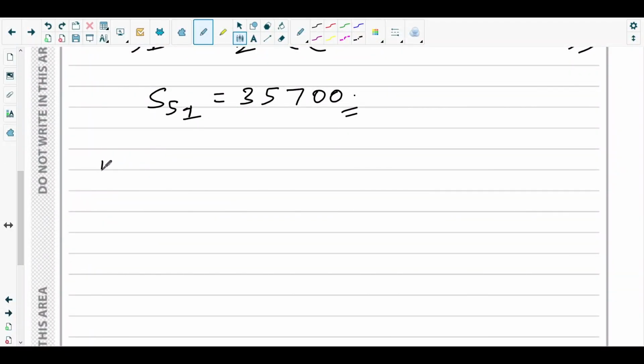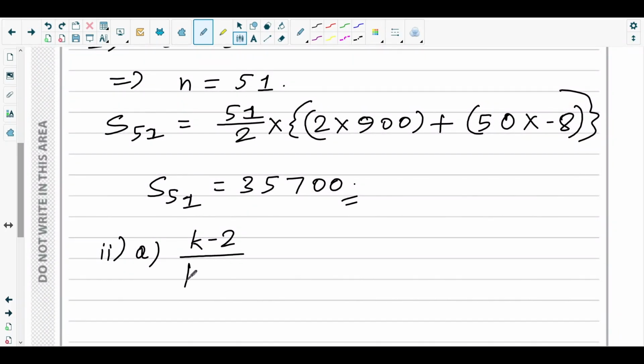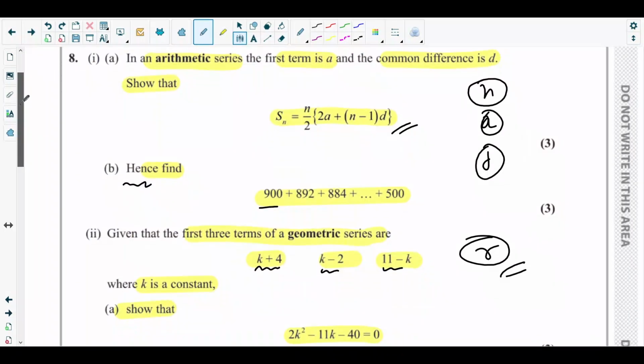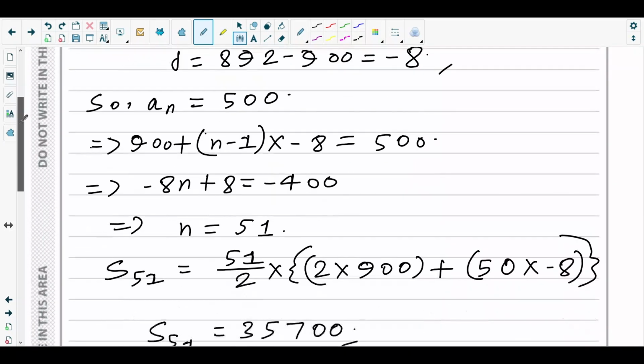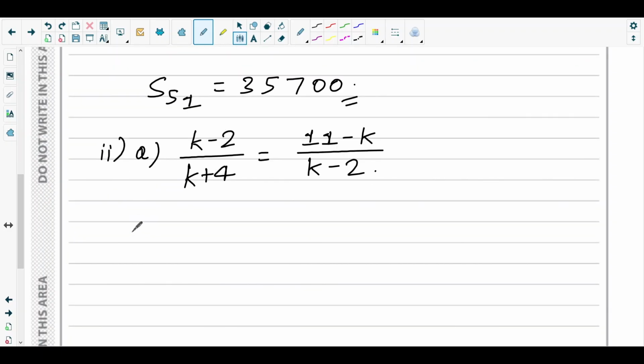For part 2a, the second term is k minus 2 over the first term, k plus 4, equals the third term, 11 minus k, over the second term, which is k minus 2. It is because the given series is geometric, so it has a common ratio.